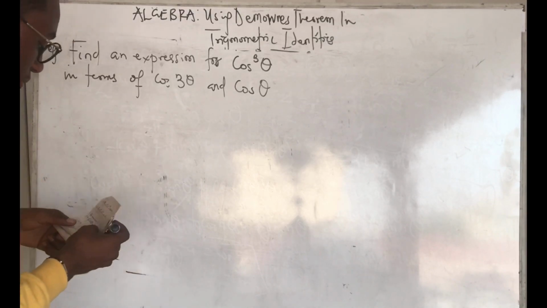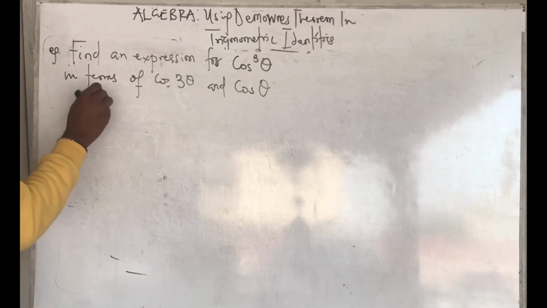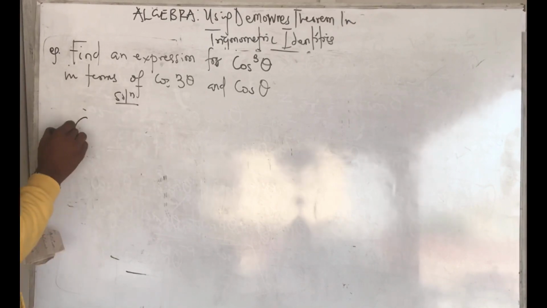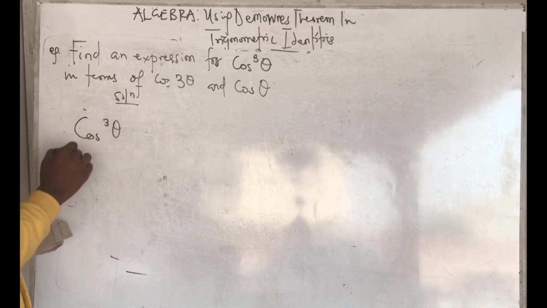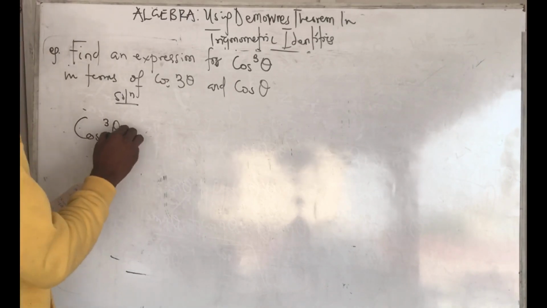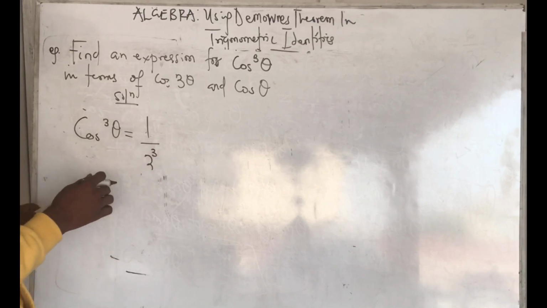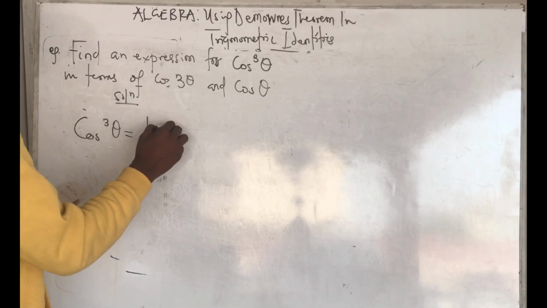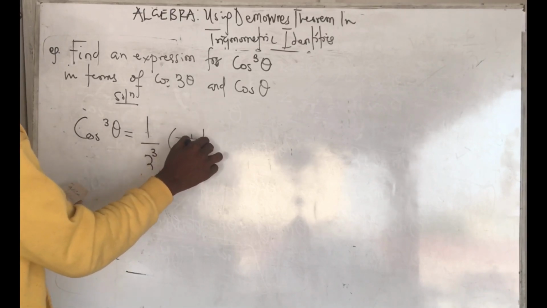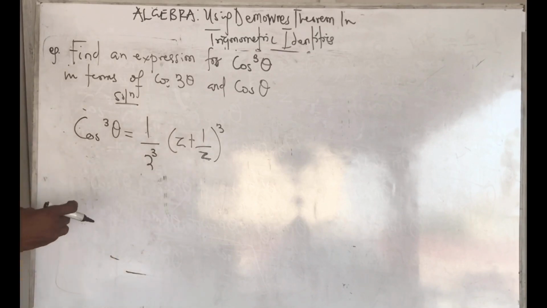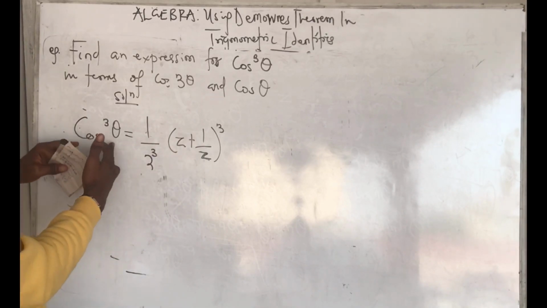So now, what happens is that if you have your cos of 3 theta, okay, solution. Your cos cube theta is equal to 1 over 2 cube into bracket z plus 1 over z cube. So this is your expression.